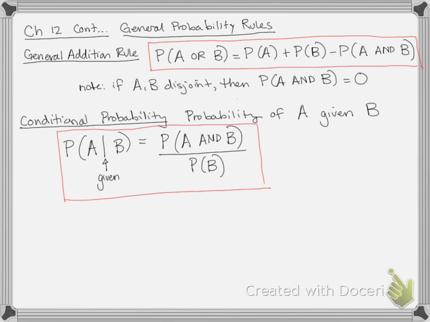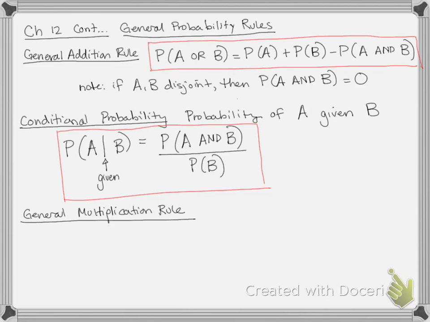And then one more before I go to the next slide, because I think this is only 4 rules that I want to talk about. This is the general multiplication rule. And remember that addition was for the word or, right?